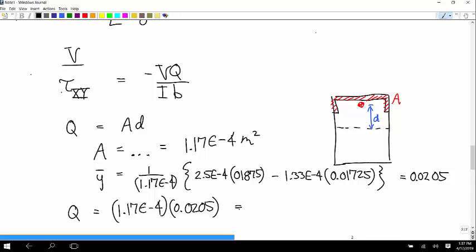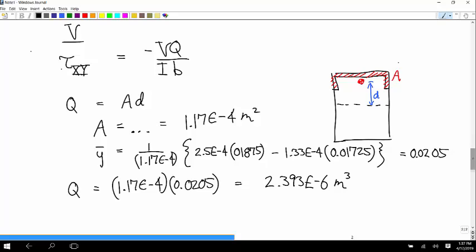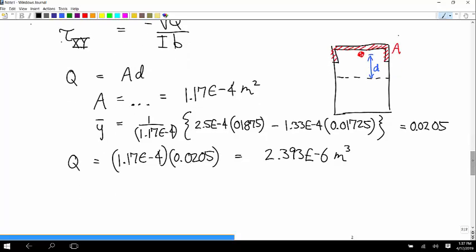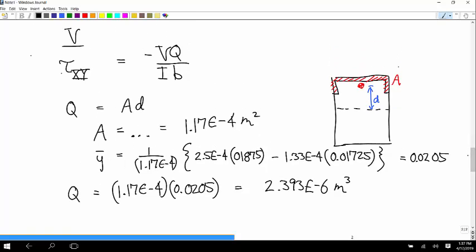And so Q is equal to 2.393 times 10 to the minus 6 meters cubed. The last thing we have to figure out: we already have I, now we have Q. What is B going to be?